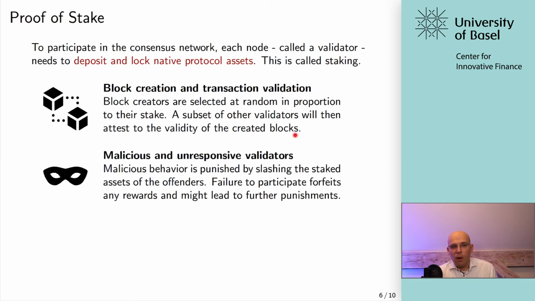Now, when people are malicious or unresponsive, that is actually one of the advantages of proof of stake, you can punish them. That is not possible, at least not to that extent, with proof of work. With proof of work, they can of course lose their future rewards, but they have nothing at stake in terms of collateral.